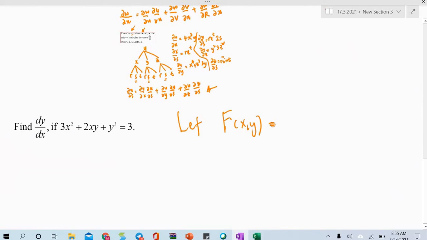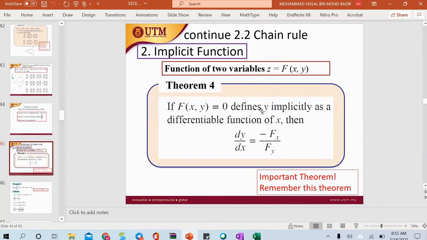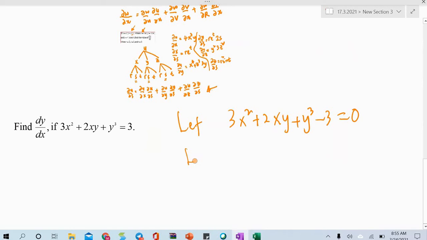Usually what I do is bring everything to the left, so the right-hand side is 0 as mentioned here. Then I let big F(x, y) be the question.